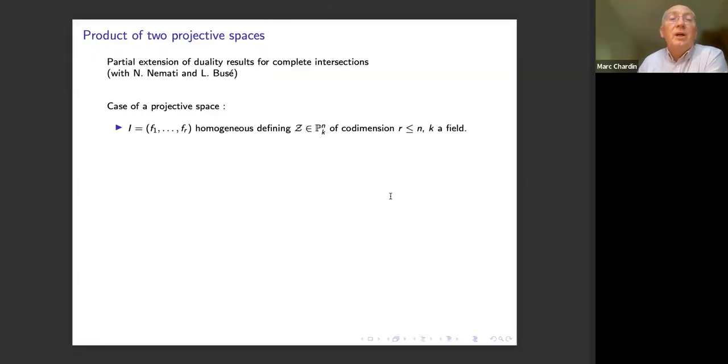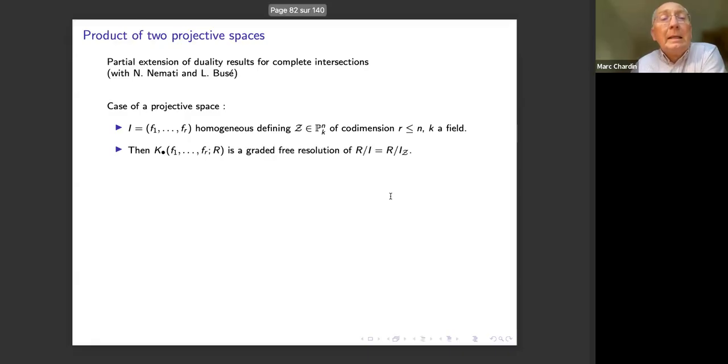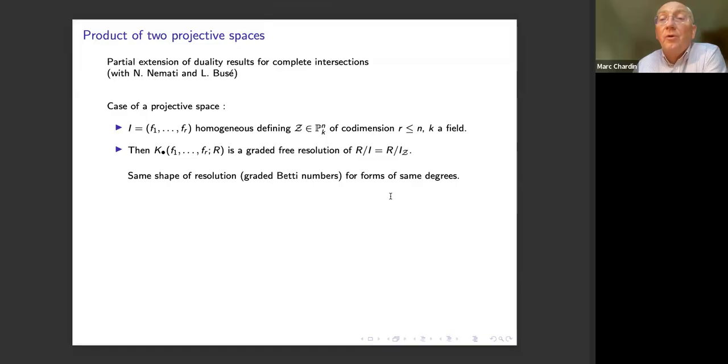If you have an ideal defined by r homogeneous elements that defines something of codimension r, and let's say we work over a field, then the Koszul complex is a graded free resolution of the quotient. The shape of the resolution only depends on the degrees of your forms.